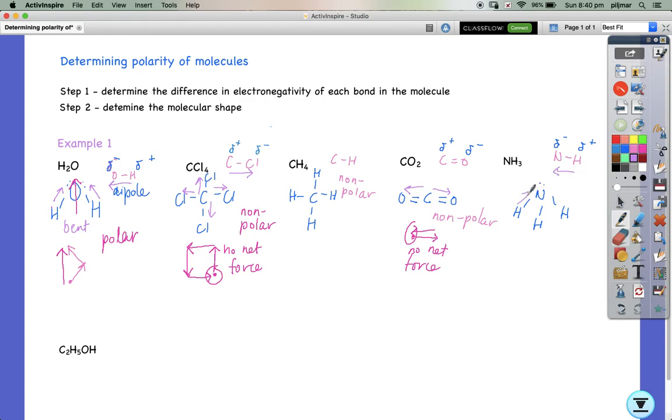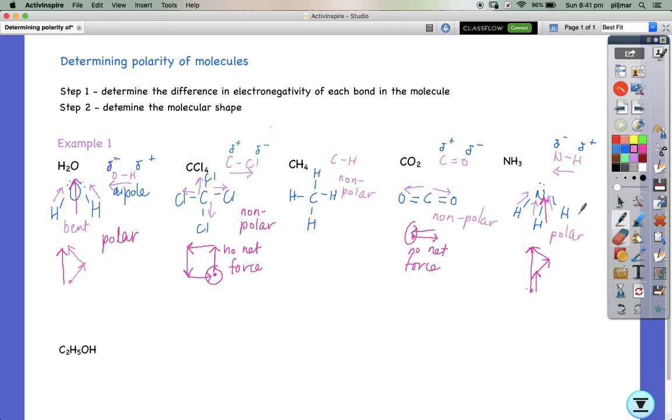So the force of attraction is up towards the nitrogen. Again, if we did that in the form of a vector, we have the start of the first vector to the end of the last one. There is an overall force of attraction towards the nitrogen, and we then classify this molecule as polar.